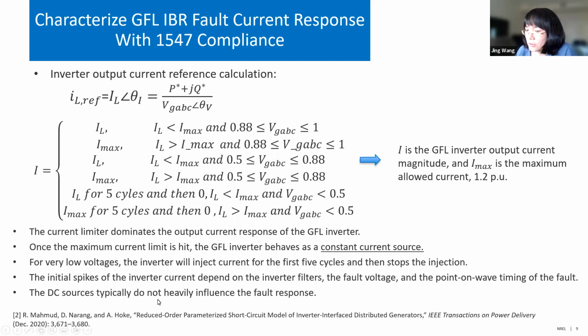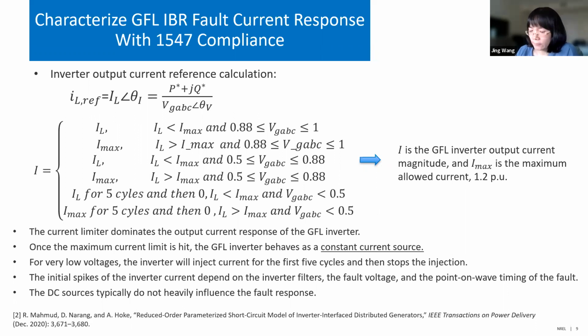The initial spikes of the inverter depend on the inverter filter, the fault voltage, and the point on wave timing of the fault. And people also care about the DC source. Usually the DC source does not heavily influence the fault response. So this is a summary of the grid following inverter with 1547 compliance.